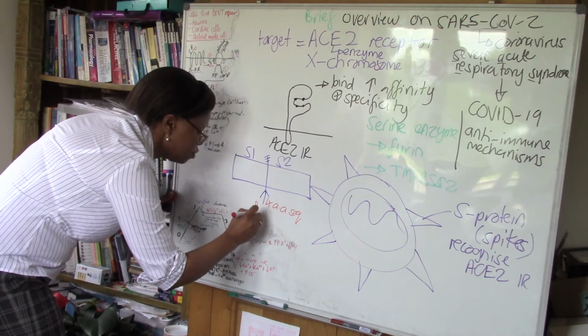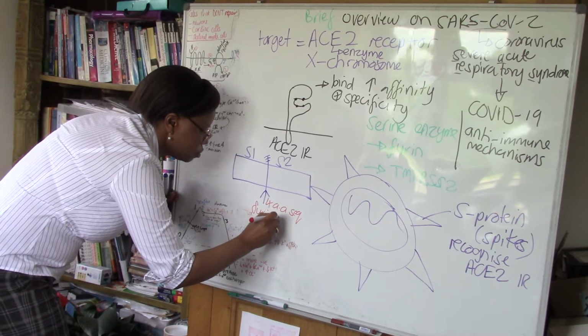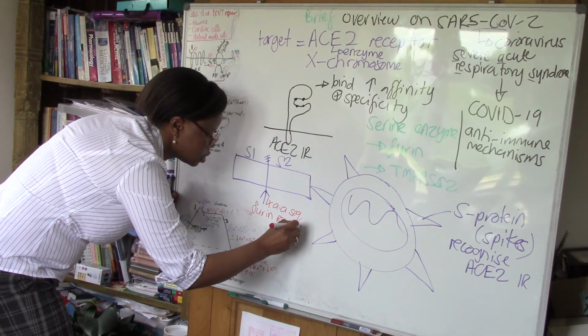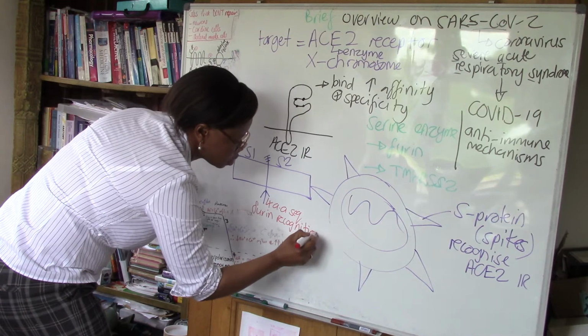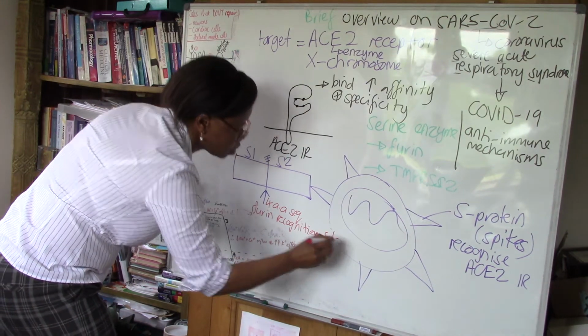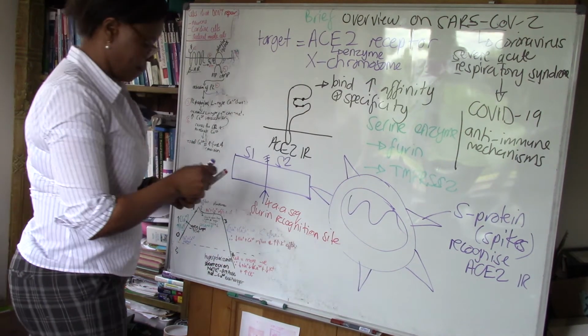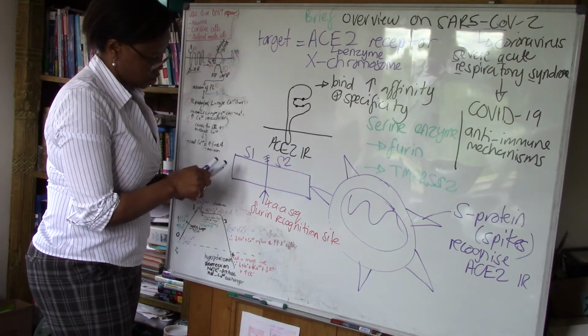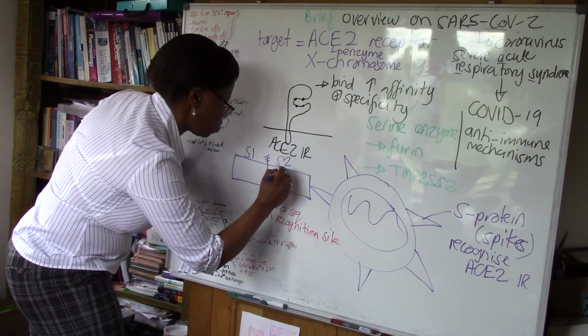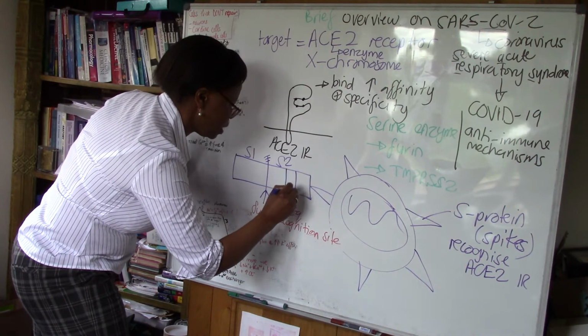So this is a furin recognition site. And the S protein also has what we call a fusion peptide.